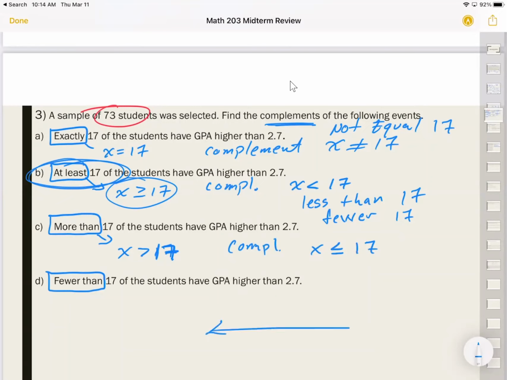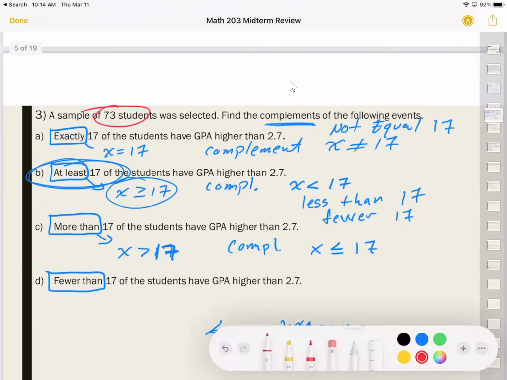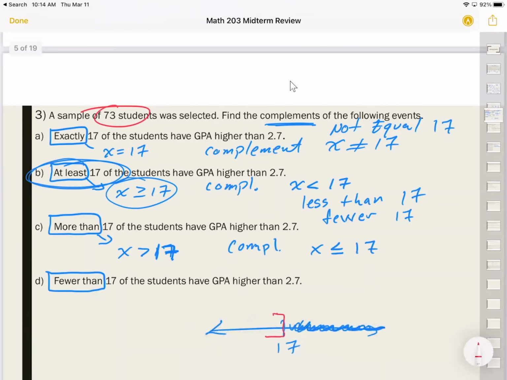If you were to draw your number line, 17 is here, but we do not include 17. Whatever is more than 17 is up here, right? Meaning the complement has to be from 0 to 17, because we did not include 17 in my blue ink. More than 17 means the 18, the 19, the 20, anything above 17.